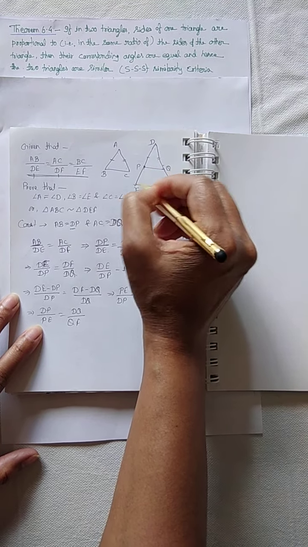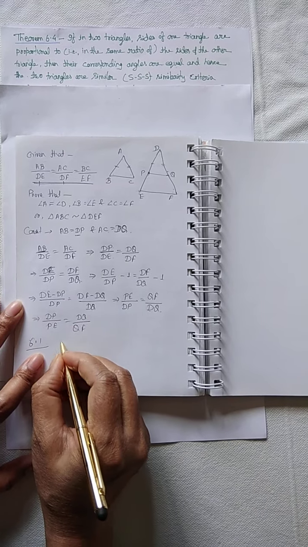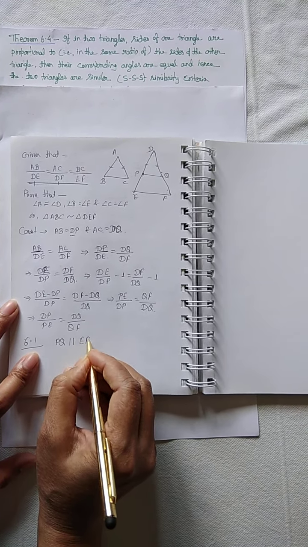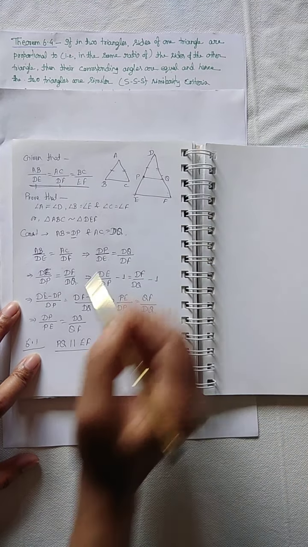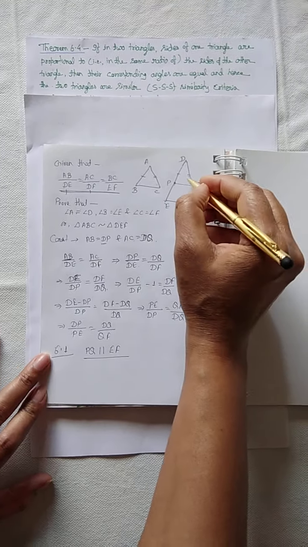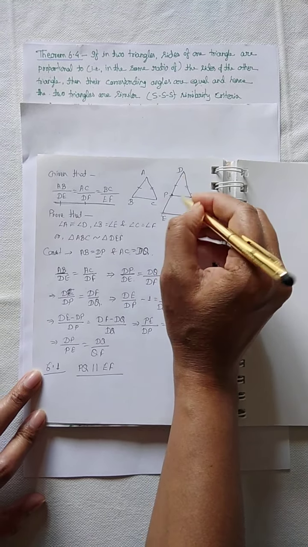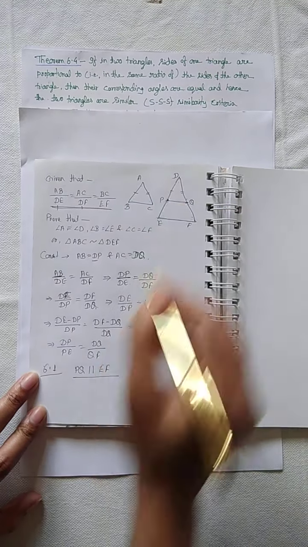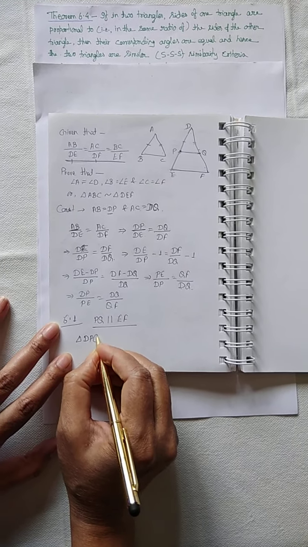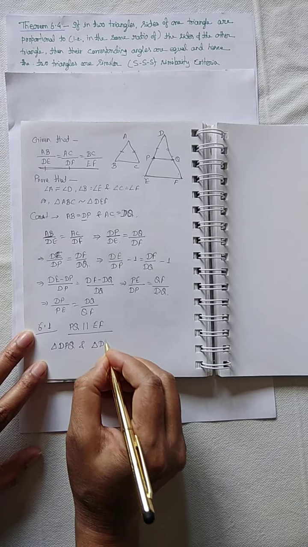So if we look at this triangle, according to theorem 6.1, PQ is parallel to EF. If you don't know about theorem 6.1, you can see my previous video. Okay, so now this is parallel to this. Now we will look at triangle DPQ and triangle DEF.